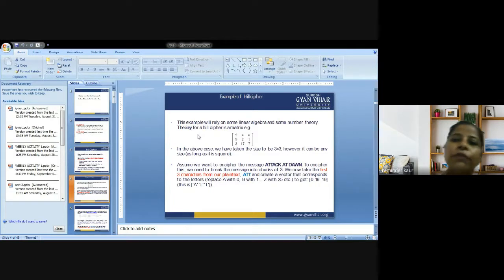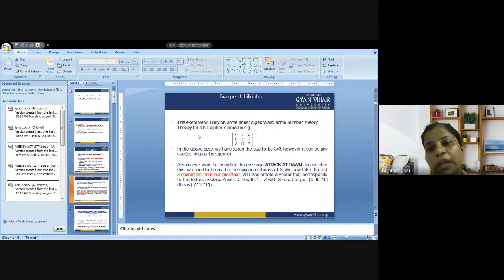Assume that we want to encipher the message attack at dawn. To encipher this, we need to break the message into chunks of 3. Chunks of 3 means we convert the message into trigrams, rather than digrams, so that it can match a 3 by 3 matrix.